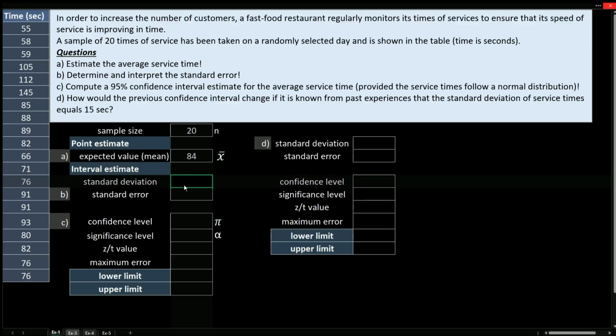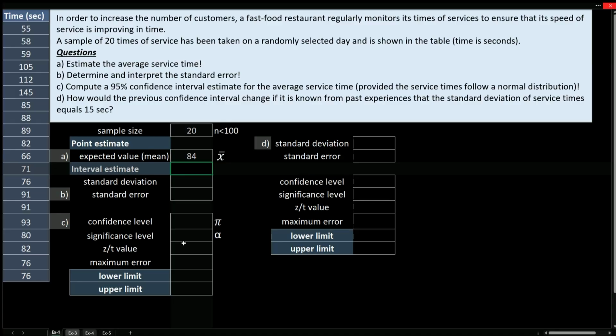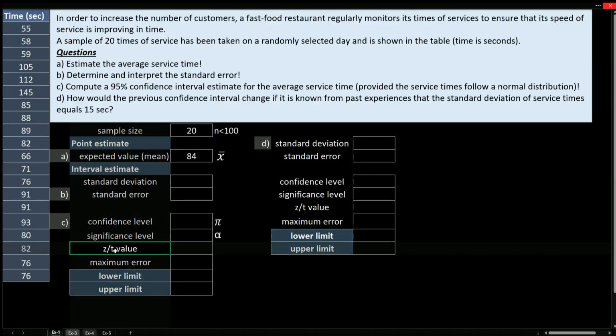First of all, standard deviation. If it is given, it's going to be different. If it is not given, we are going to find it from the sample. Based on the sample size, if the sample size is less than 100, then we will say that the sample size is small, and based on that, we will determine the z-value or t-value, which one should be used.